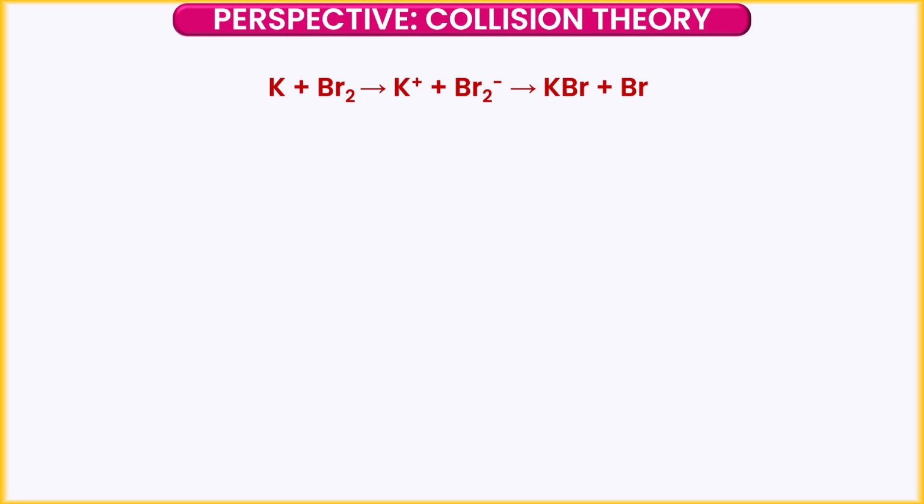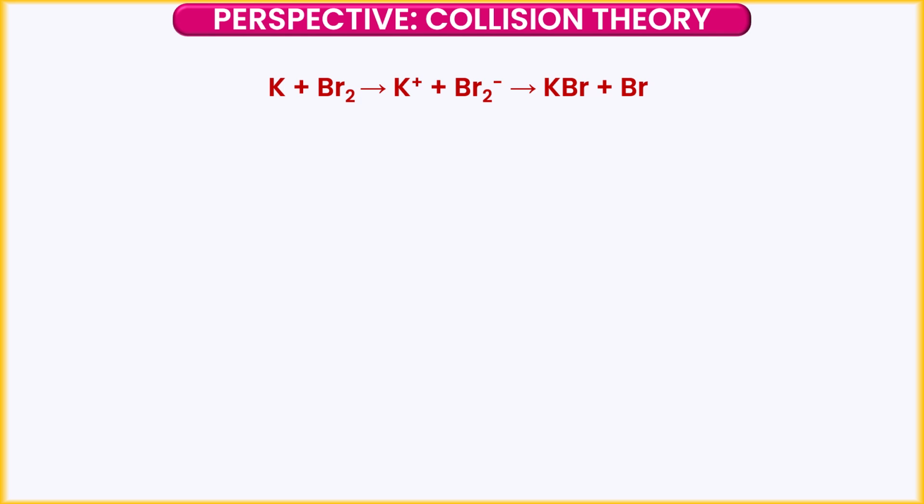Let us now understand this mechanism from the perspective of collision theory. According to collision theory, reactant molecules must collide with sufficient energy in order to react and form products.